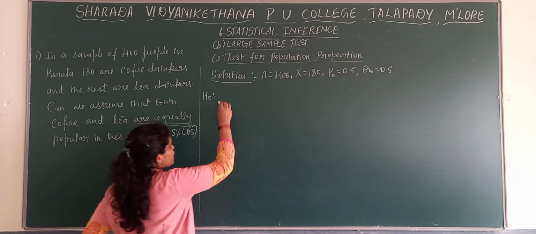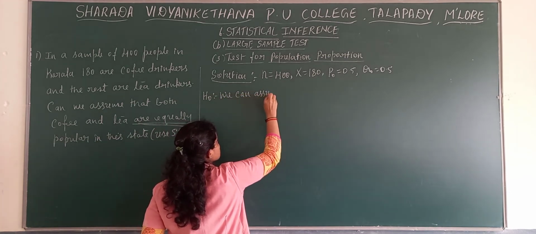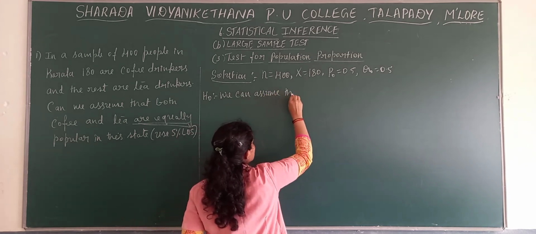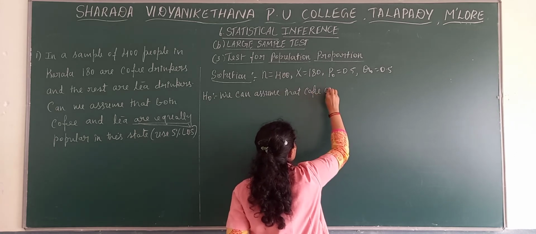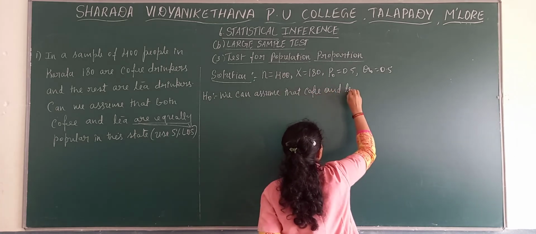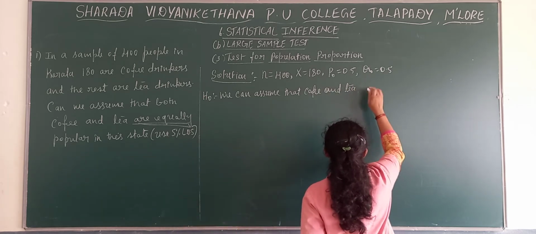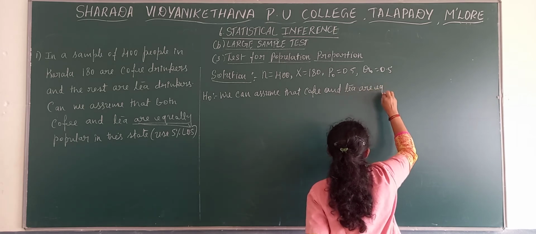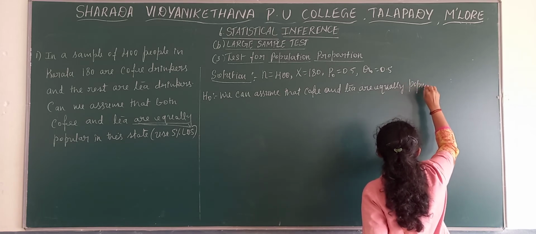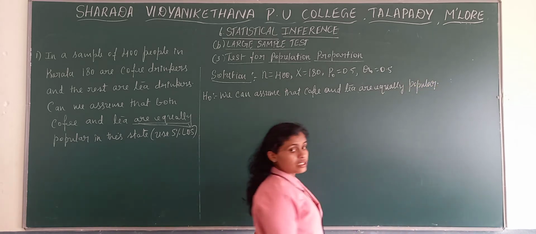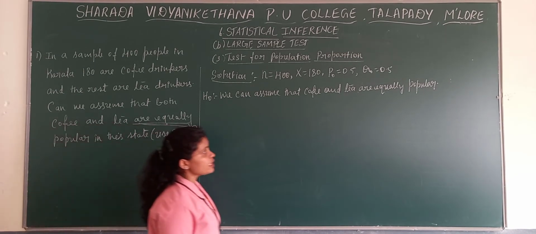We need to write: we can assume that coffee and tea are equally popular. We can assume that coffee and tea are equally popular.